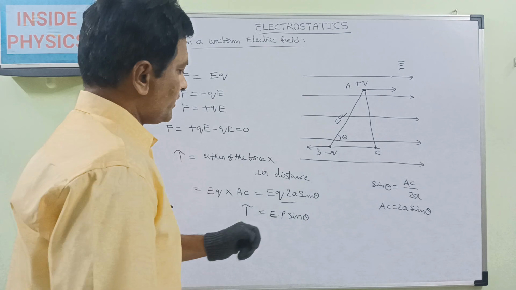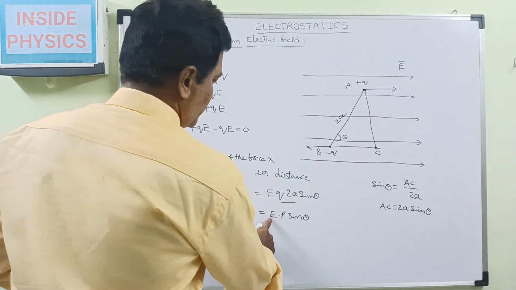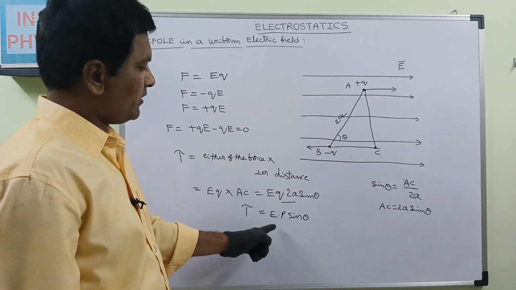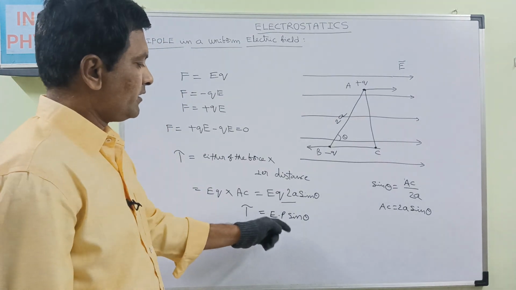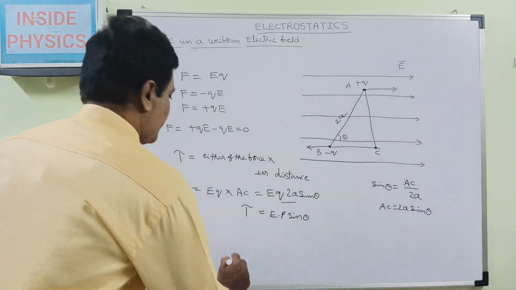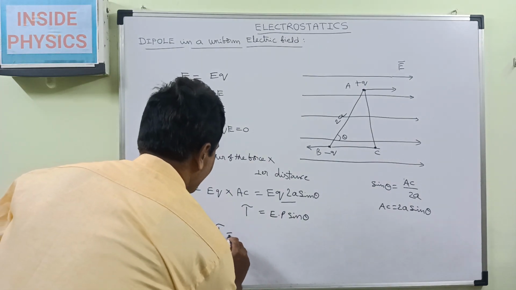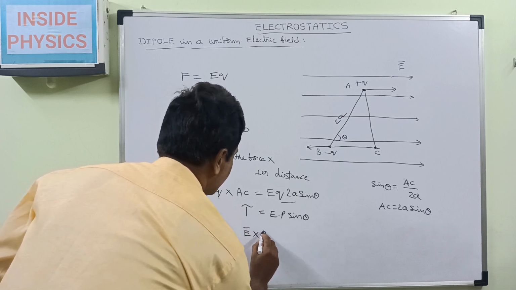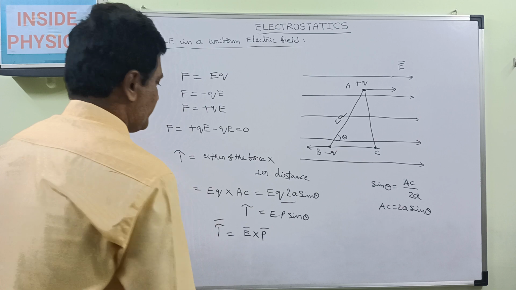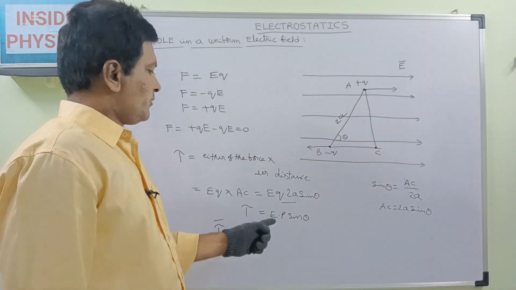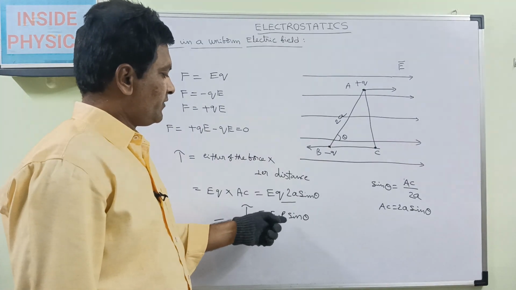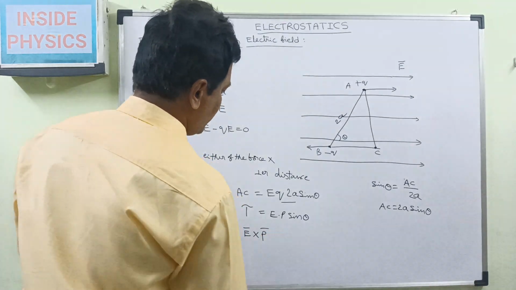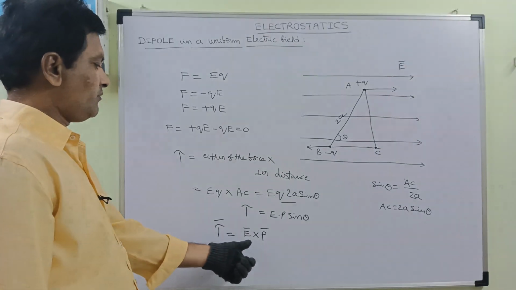The couple will be acting perpendicular to both the electric field and the dipole moment. So we can write the couple acting as P cross E, in vector form. In the form EP sine theta, we take it as the cross product of the dipole moment and the electric field.